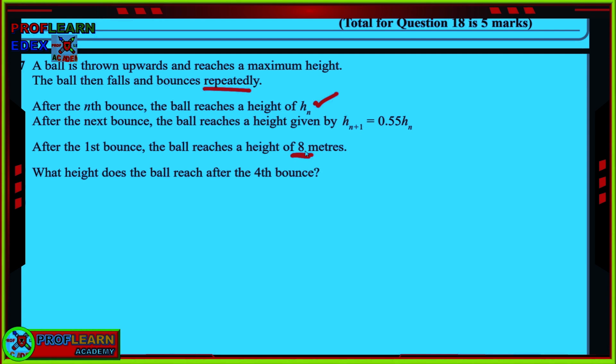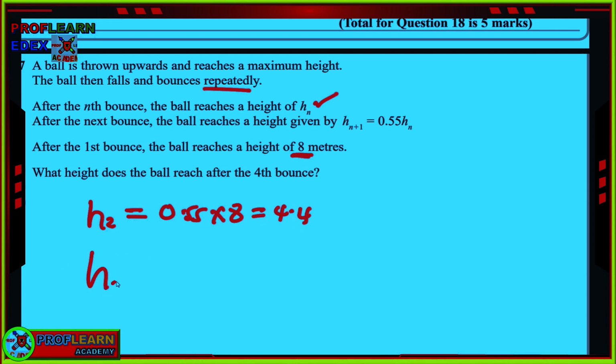And then the question is: what height does the ball reach after the fourth bounce? So h2 is going to be 0.55 times 8, which gives us 4.4.